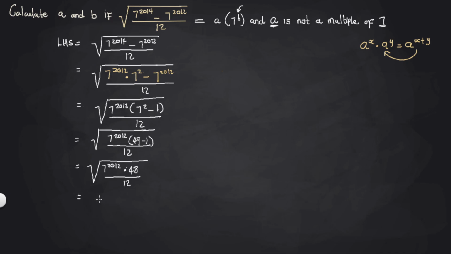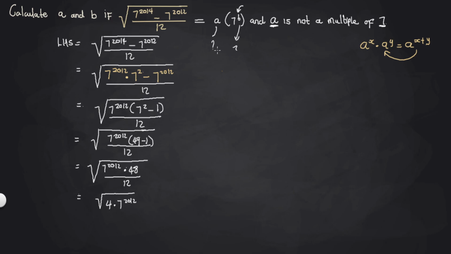So I have a square root of 4 multiplied by 7 raised to exponent 2012. Okay, now remember, we want to calculate A and B, right?